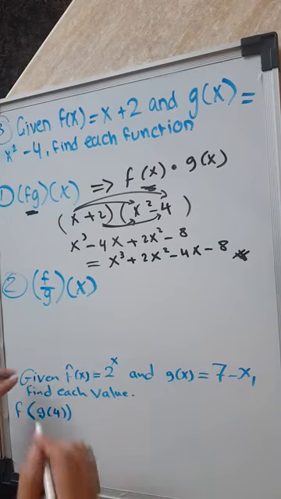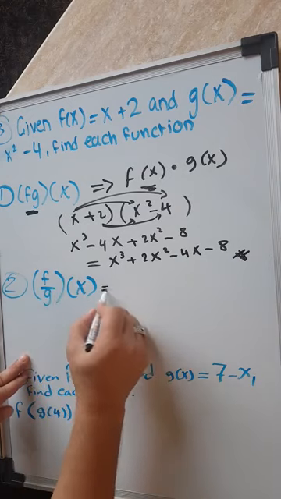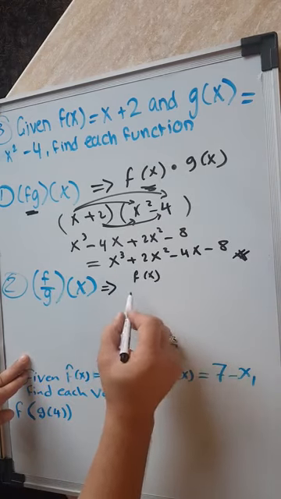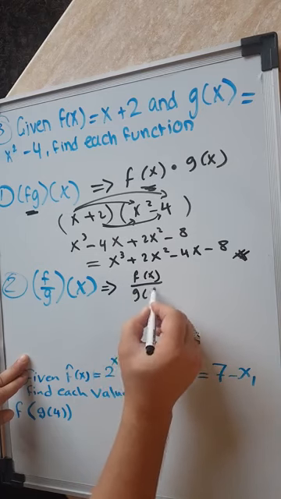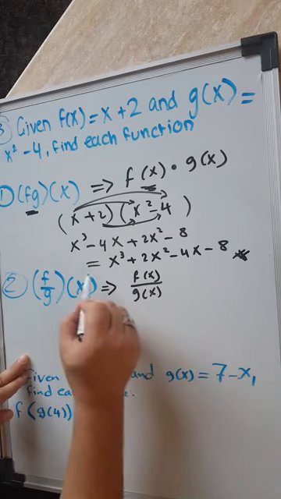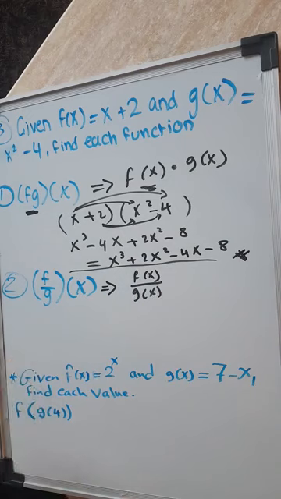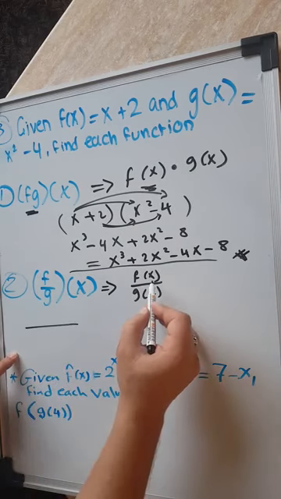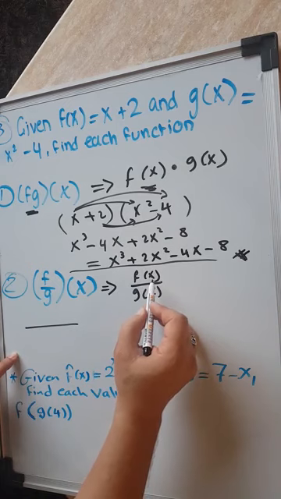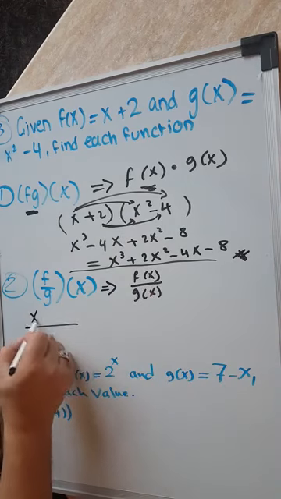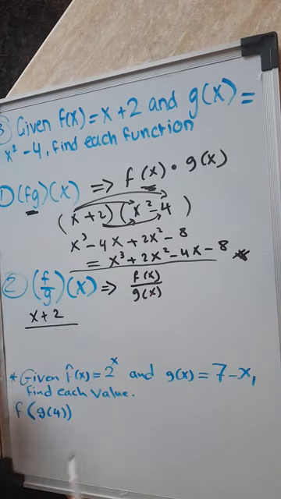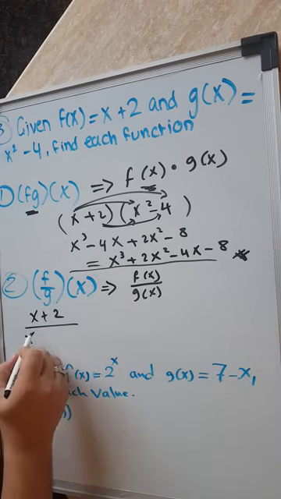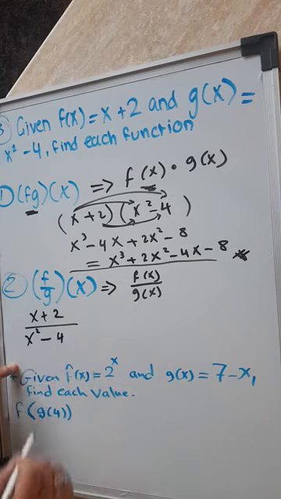What about the division? The same way. We will divide, so it will be f of x over g of x. It's like we are distributing x here. Do the division. f of x is x plus 2. g of x is x squared minus 4.